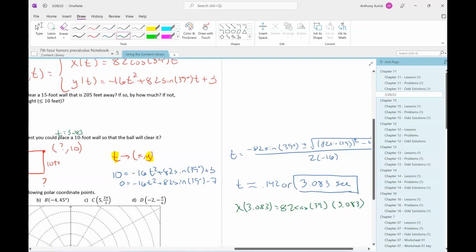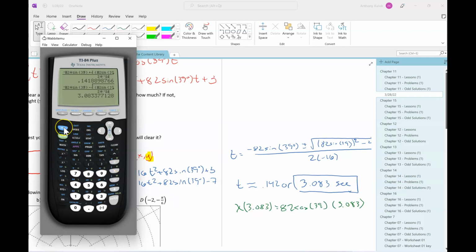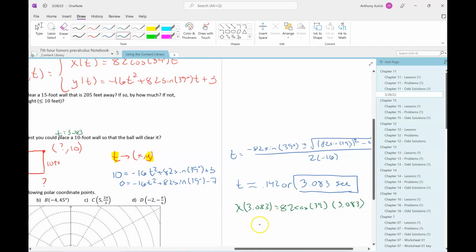And the output is both x and y. And because x and y are independent of each other, they're just defined on t. They're not defined on each other. If I know either the x or y coordinate, I can find the t and then use that to find the other coordinate, the one that I'm looking for. So that'd be 196.49.